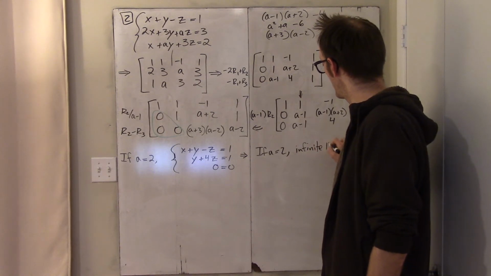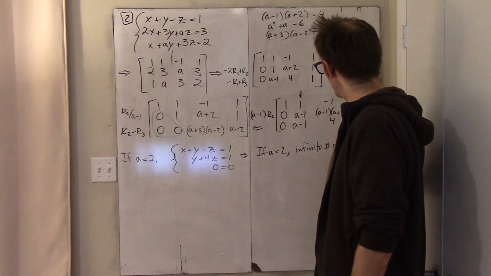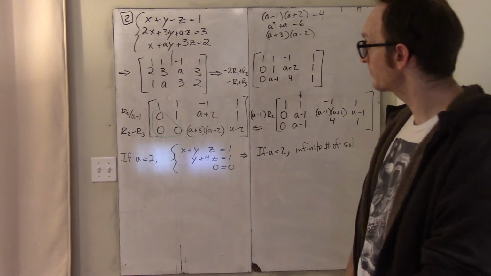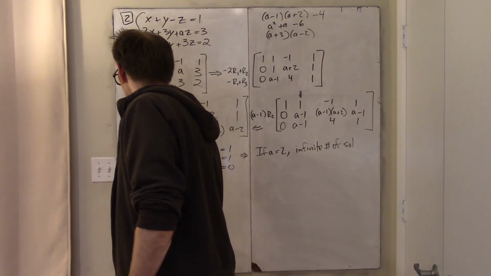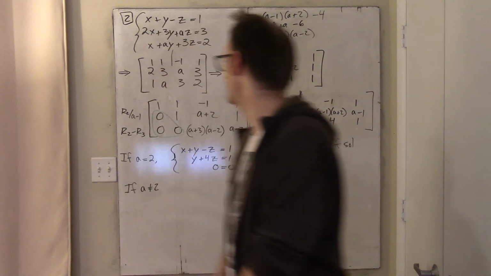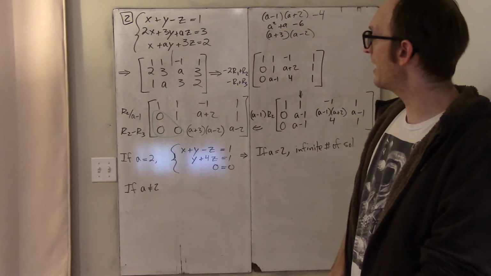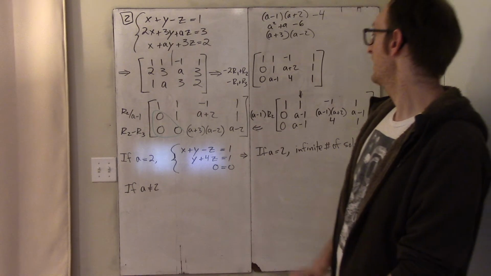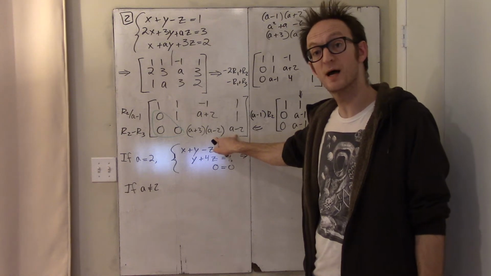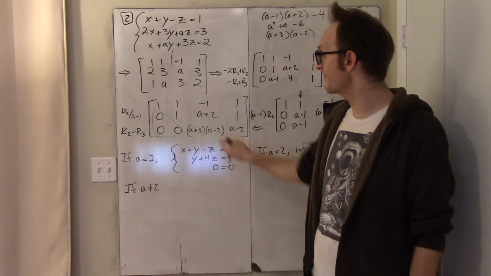Okay, great. Now that I've taken care of that case, I can pursue the case where a is not 2. If a is not 2, then I'm free to divide both sides of this third equation by a minus 2.